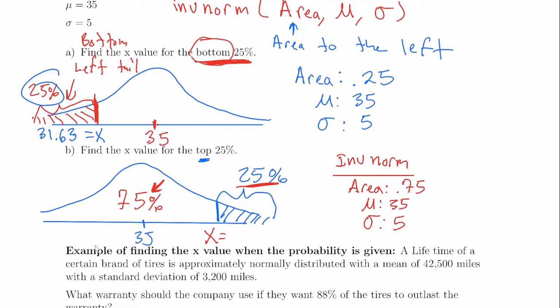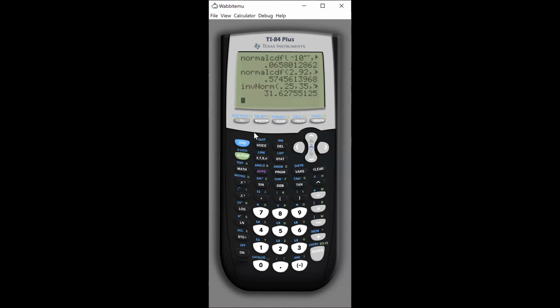All right, let me transition over to the TI-83 so you can see how I input the information. The cool thing about the TI-83 is that if you want to re-enter this, you can hit the second button and press enter, and it'll give you the same equation from the past history. So I can change the area to 0.75, and I'm done.